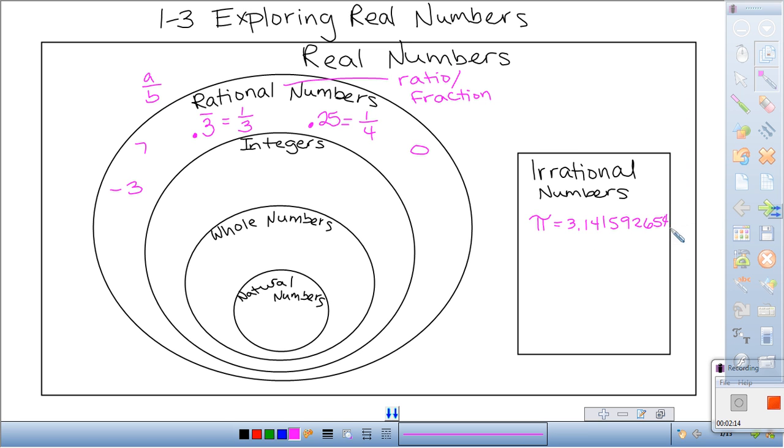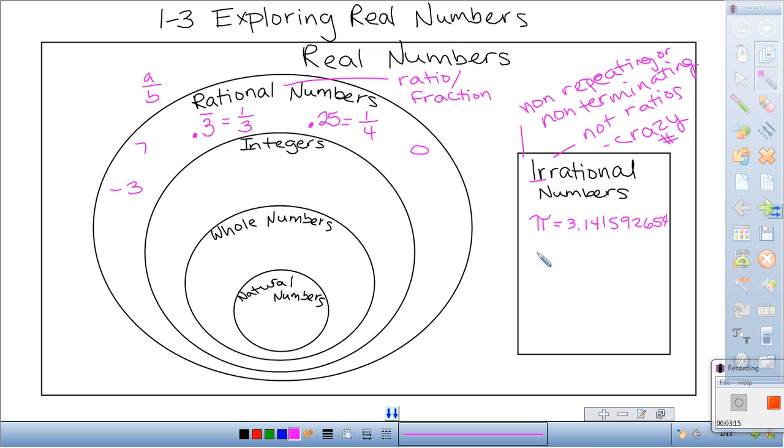It's a crazy number. So irrational numbers, ir meaning not, are not ratios. And I really like to just think of them as crazy numbers. We have no idea what they're doing. Notice it doesn't repeat and it doesn't end. So you can also say they are non-repeating or non-terminating decimals.